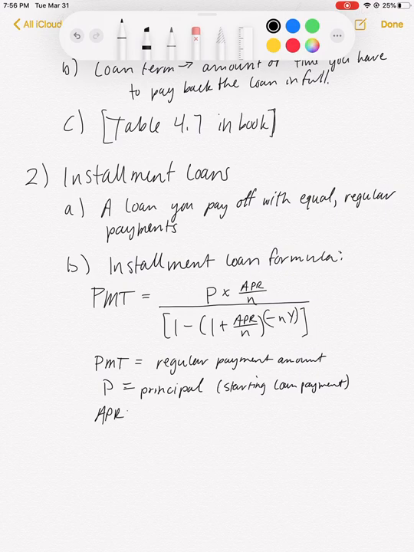APR is the annual percentage rate. N is the number of pay periods per year. Usually it's months.